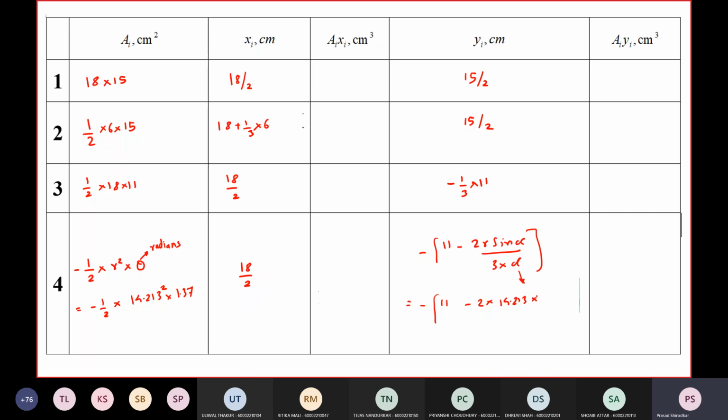Now here you have to take it as degrees, 39.289, divided by 3 times alpha, that is 0.686. Alright, so calculate all these values. In the numerator you are taking it as degrees and in the denominator as radians. Yes, radians. This is in radians.